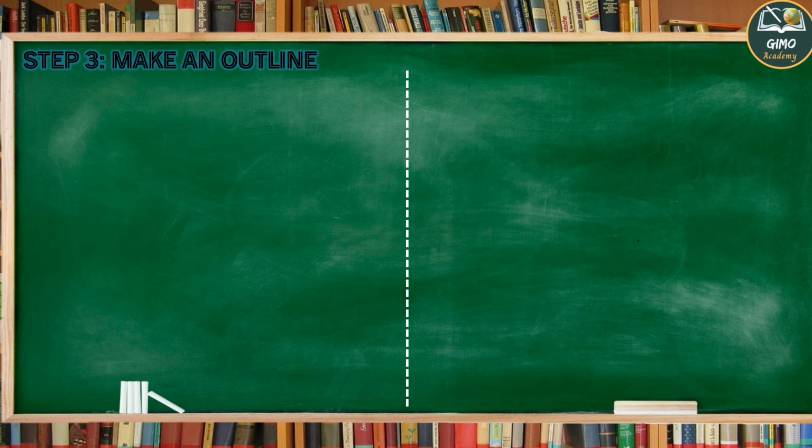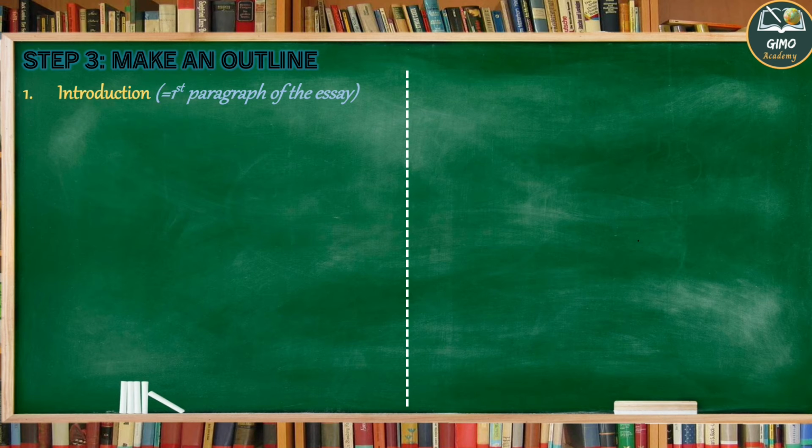Again, be careful. So, how can we write an outline for the IELTS Task 2 essay? It's very easy. You just need to follow the following steps. For example, let's suppose that we are going to write an advantage and disadvantage essay.